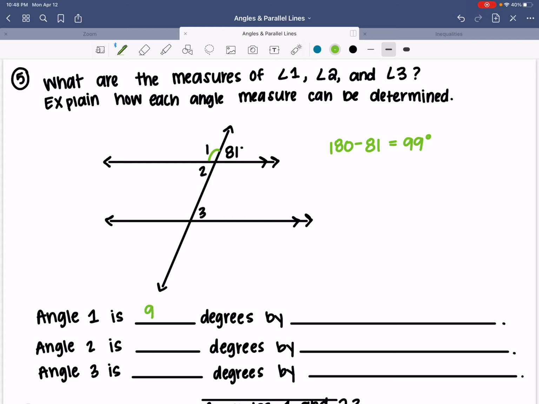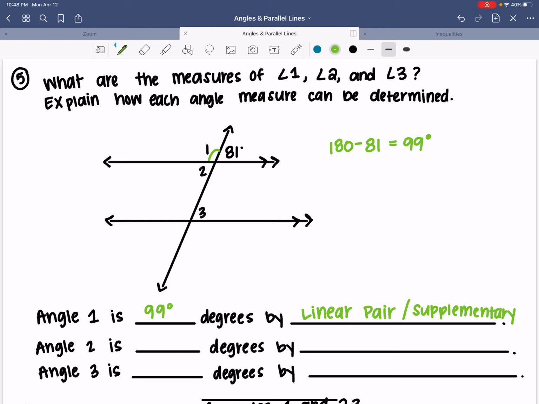So angle 1 is 99 degrees because they form a linear pair. That's the only way to get that one. You could also say supplementary.